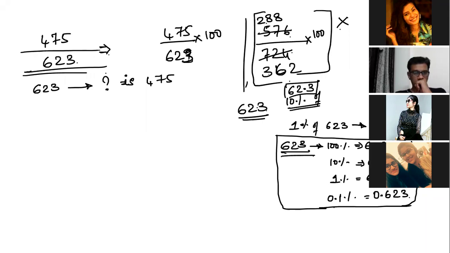Now, why do I do this? Because when I look at this value, which is 623, and I require 475, this value is greater than 475, right? So first I will take 10%. What is 10%? 62.3.